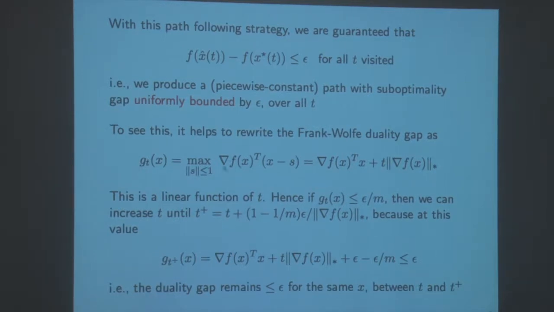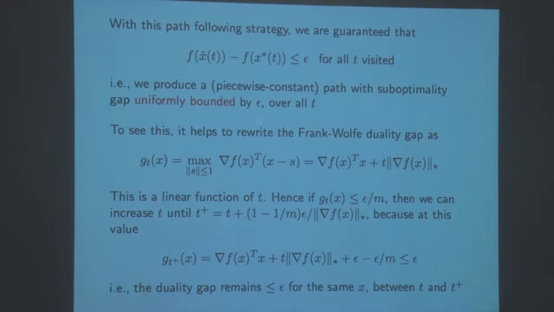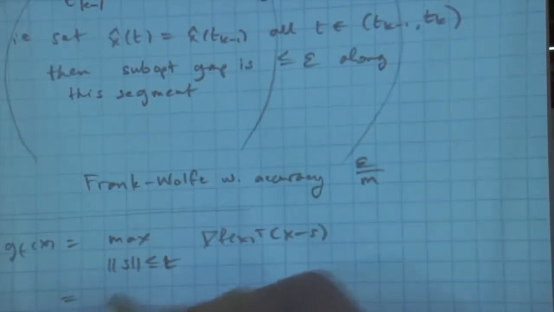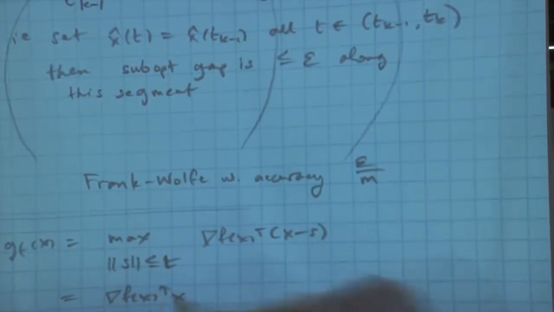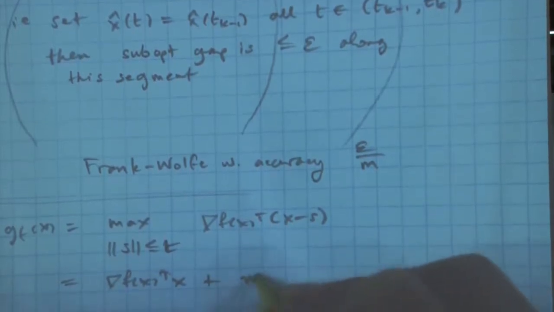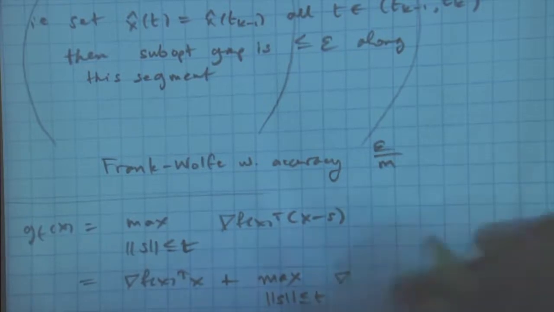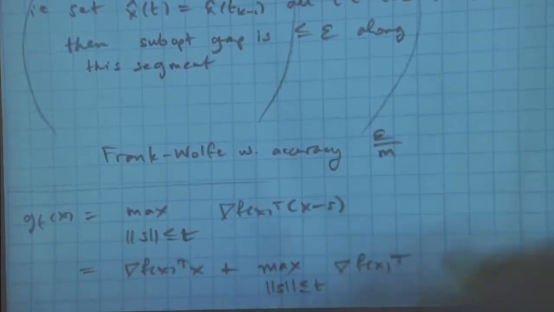Let's write this out so that it's clear. The duality gap is the max over all s that are less than or equal to 1 of the gradient of f of x transpose (x minus s). And this should be t, which is equal to the gradient of f transpose x plus the max over all s that have norm less than or equal to t of the gradient of f of x transpose minus s.